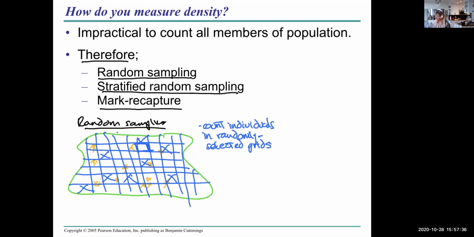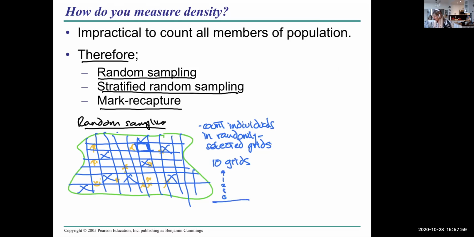So if we have, say, 10 grids, then we'll have to count the individuals in each grid. So it might be 9, 1, 2, 6.